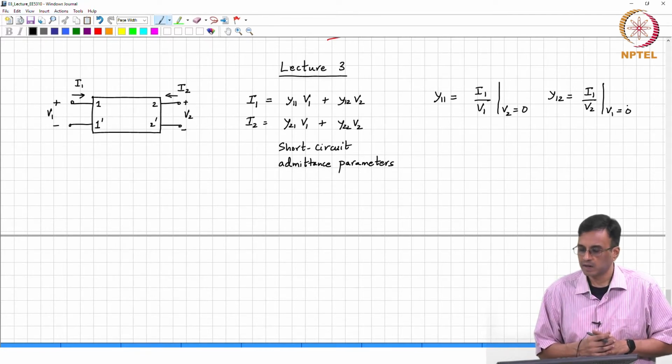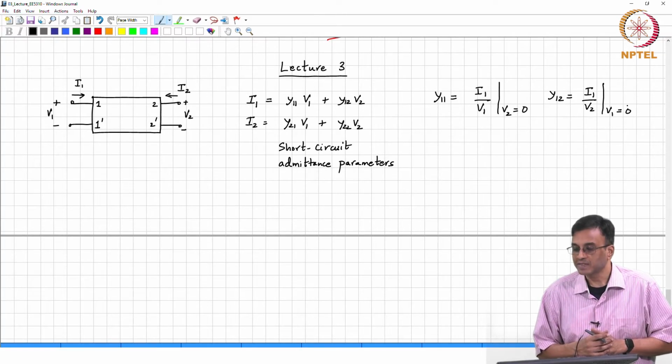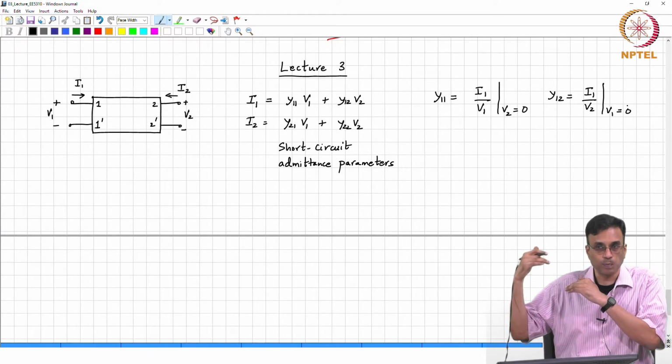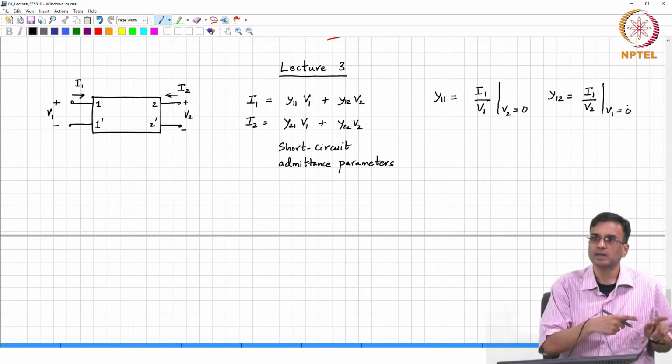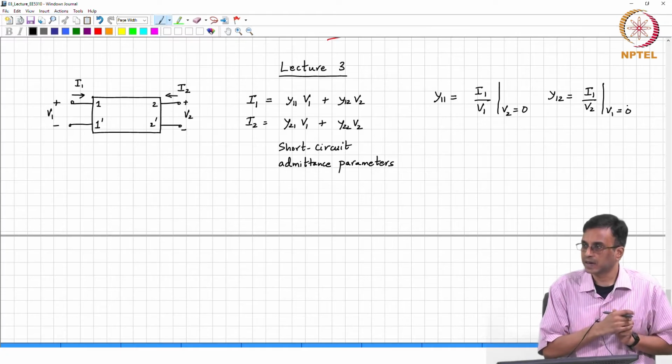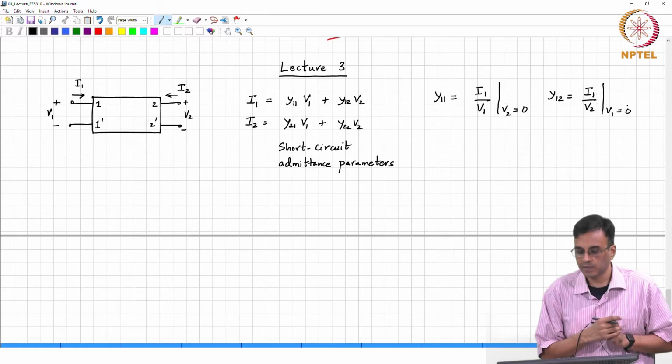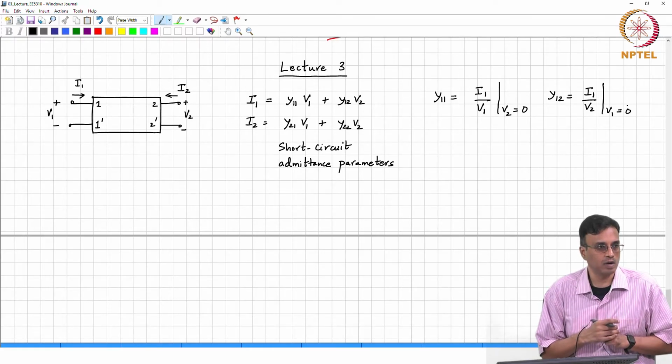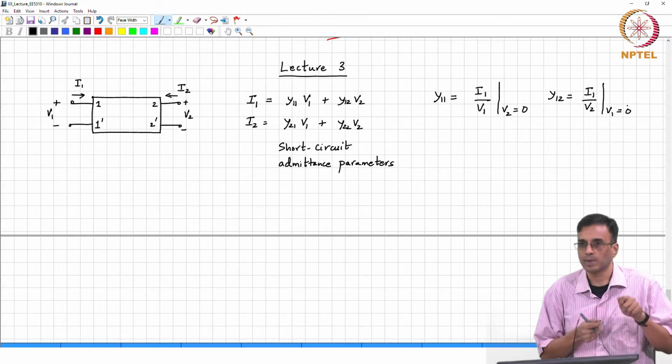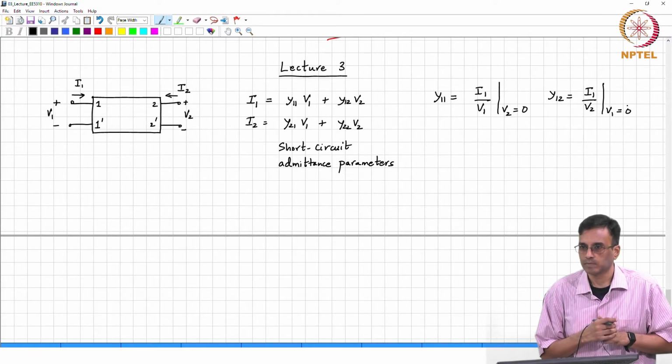And what does Y12 quantify? Y12 quantifies the effect of a voltage excitation at port 2 on the short circuit current in port 1, and likewise Y21 quantifies the short circuit current in port 2 when you apply a voltage V1 at port 1, correct.